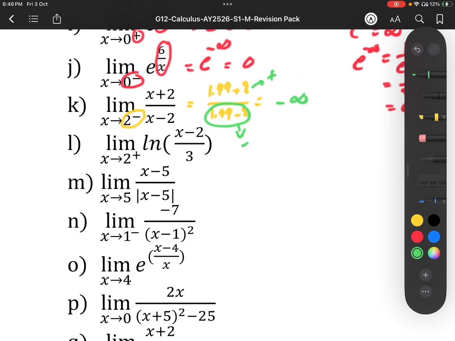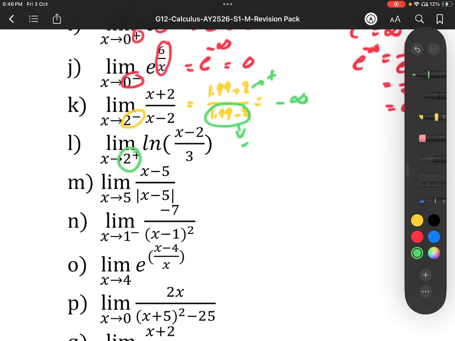2 from the right. If we replace 2, it's going to be ln of 2 minus 2 over 3, which is ln 0, and we know it's infinity. Positive or negative, we're going to see.